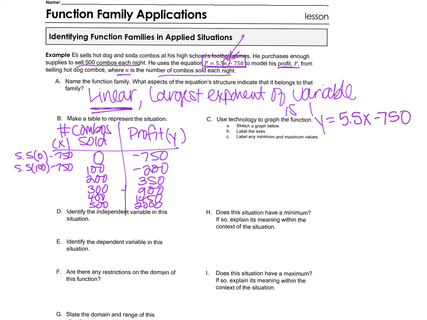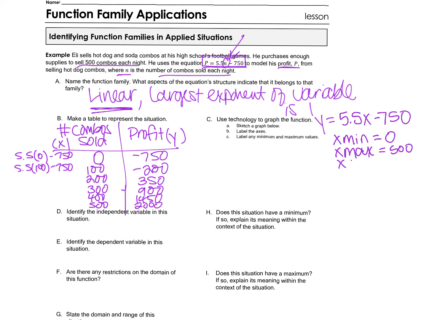Okay, so you're welcome to change your window based on this scenario. So if you go to window, we're going to be looking at the X. Remember, X, the min is 0. It's going to 500. So I can go to that X min on window on the calculator and set it at 0. And then I can change my X max to 500.